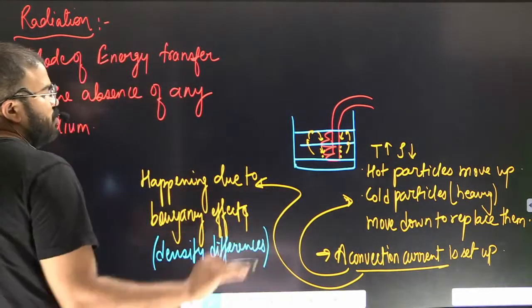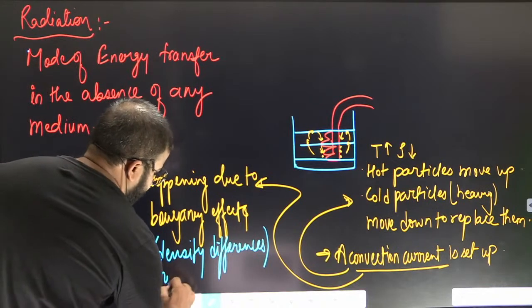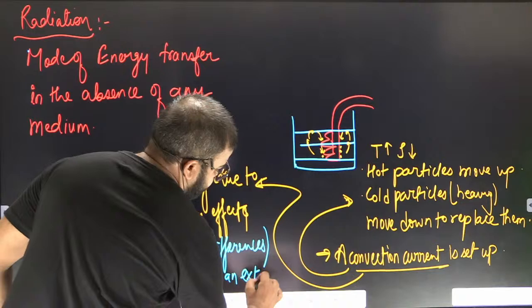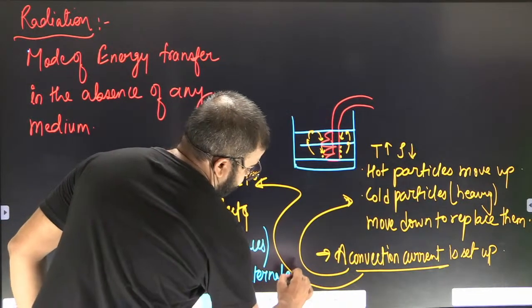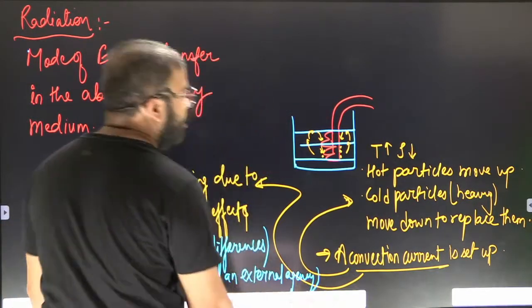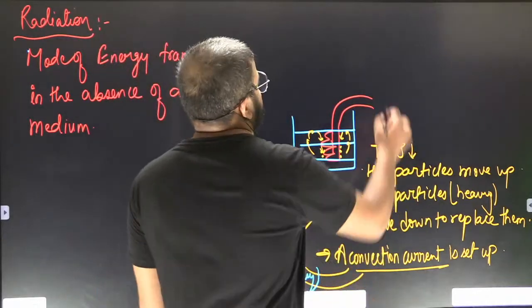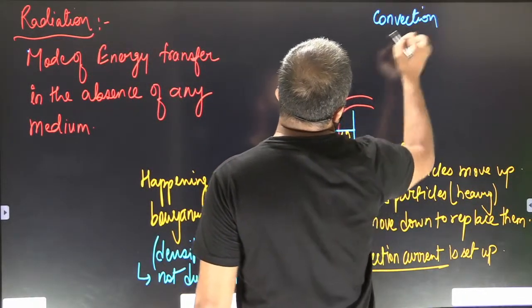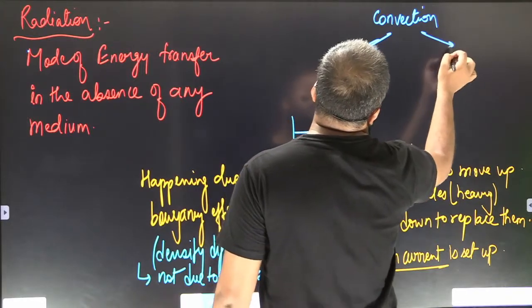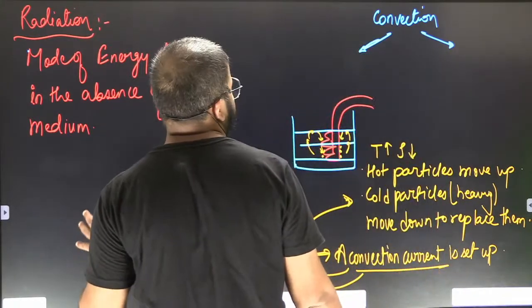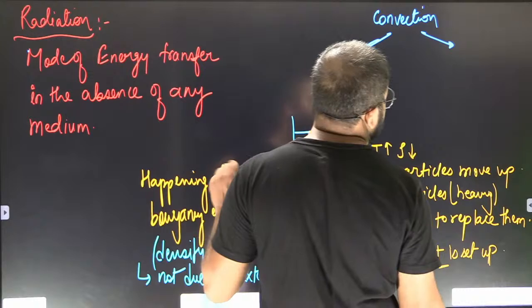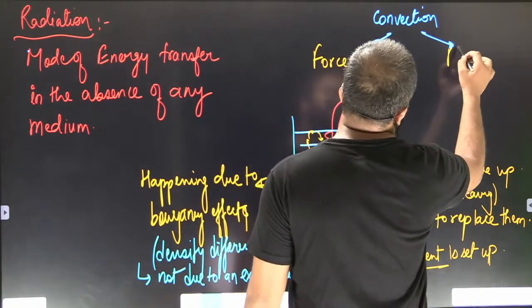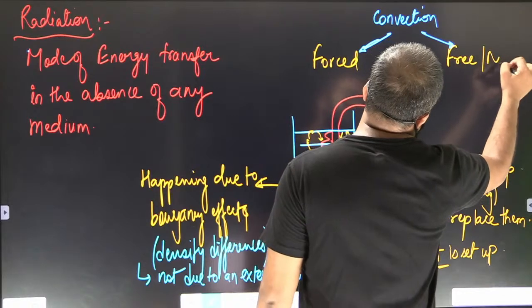Hence the causes are natural, not due to an external agency. So convection can be subdivided into two parts. What are those parts? Forced convection and free or natural convection.